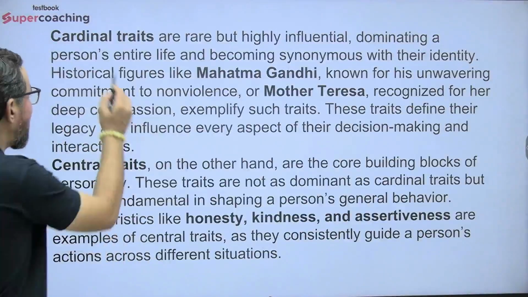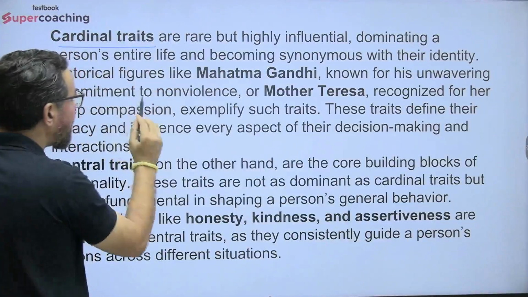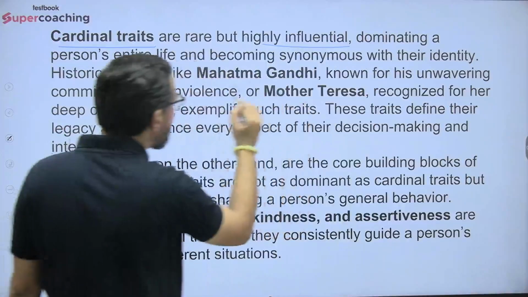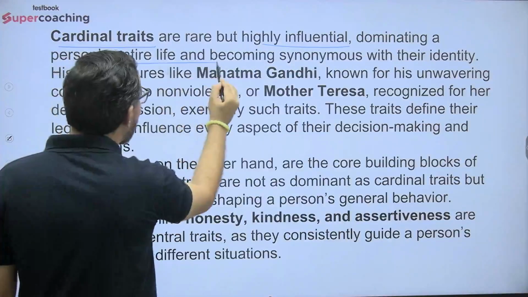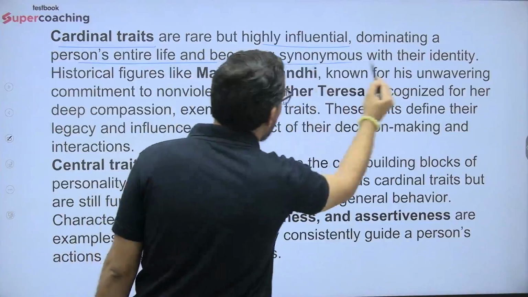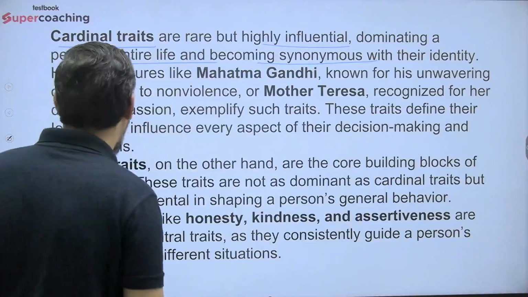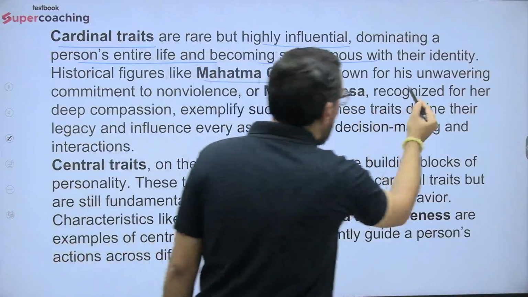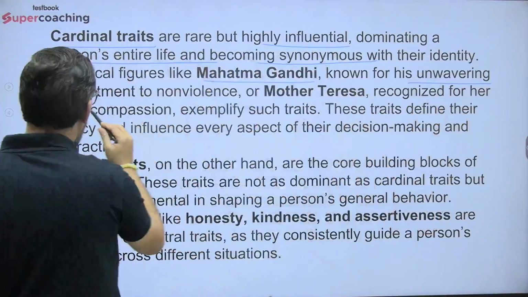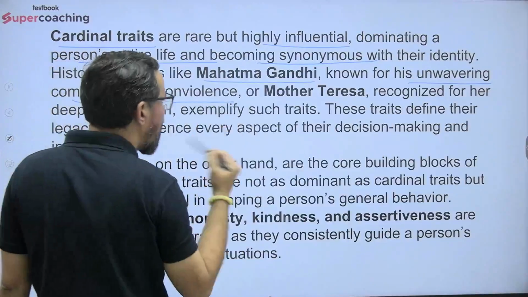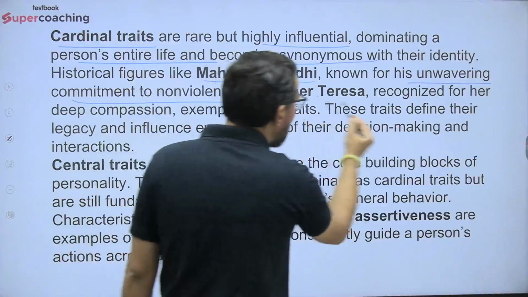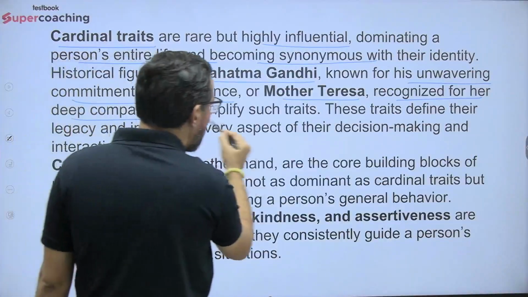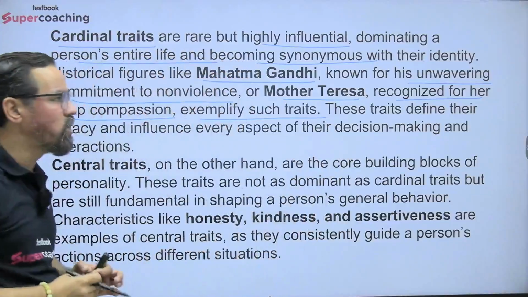Cardinal traits are rare but highly influential, dominating a person's entire life and becoming synonymous with their identity. Historical figures like Mahatma Gandhi, known for his unwavering commitment to non-violence, or Mother Teresa, recognized for her deep compassion, exemplify such a trait. Okay? So basically what they have done.